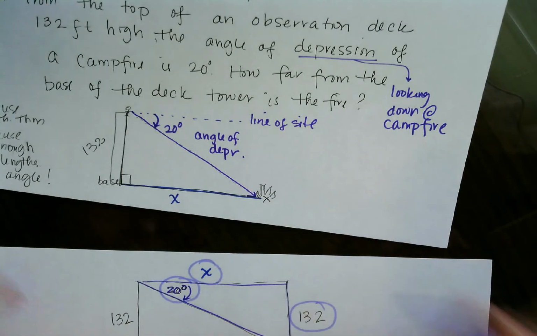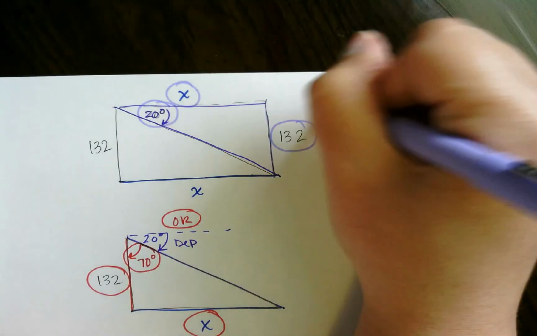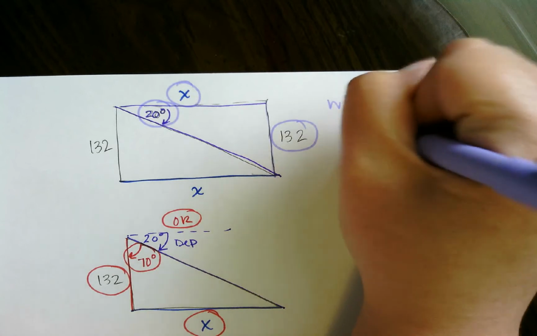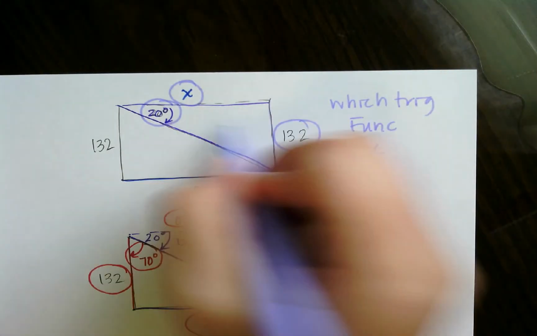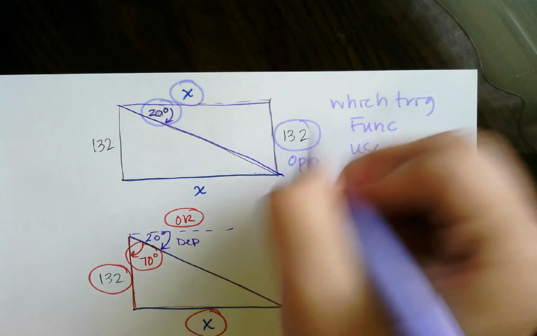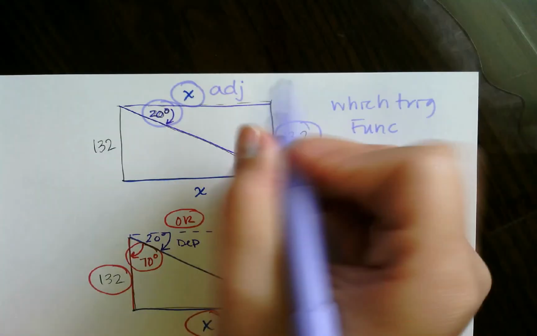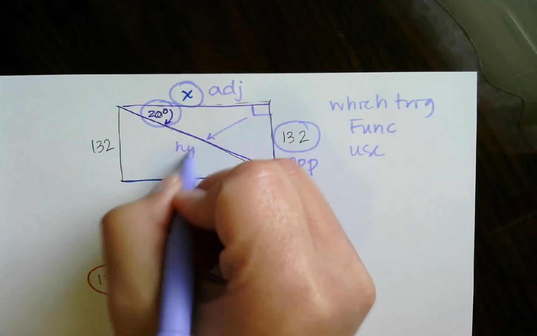So which trig function uses, let's label this, according to 20 degrees, this is the opposite side, this is the adjacent side. This is my right angle, there's my hypotenuse.